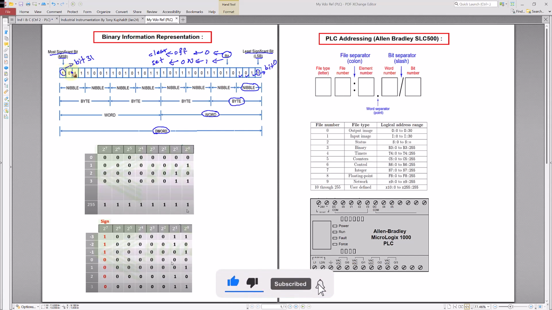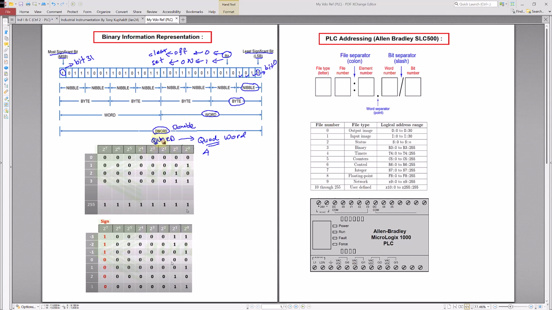Sometimes you may encounter the term Q word. Q stands for quad, and quad means 4. Here in D word, the D stands for double.